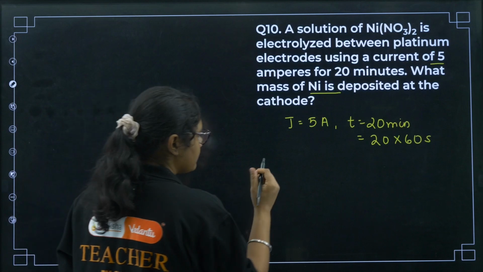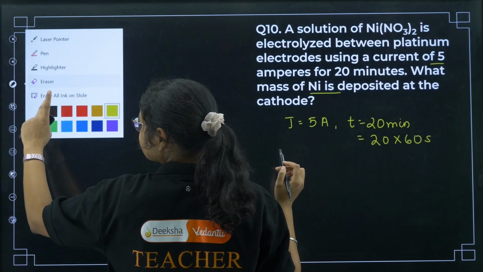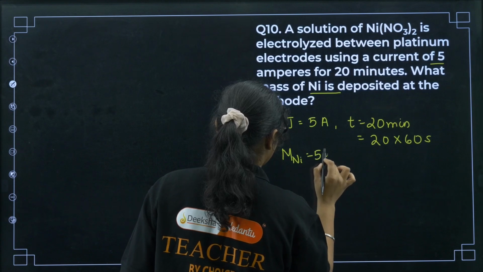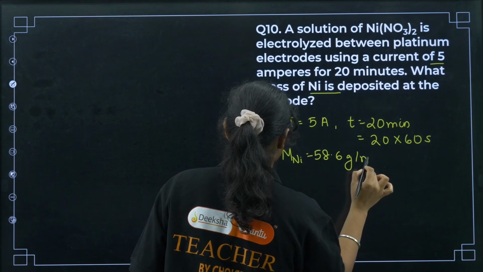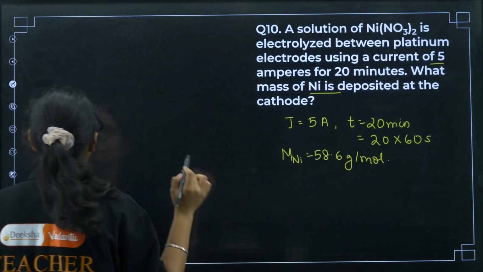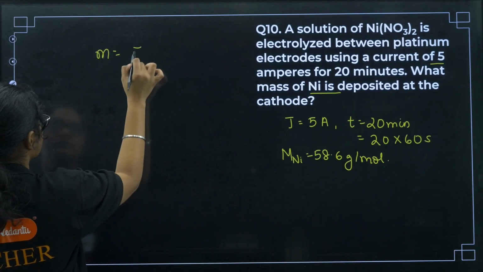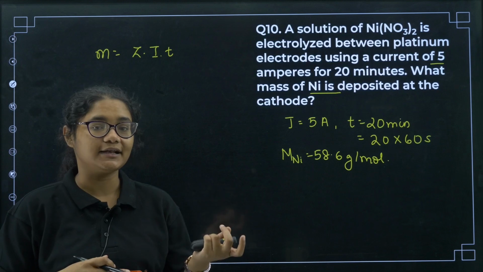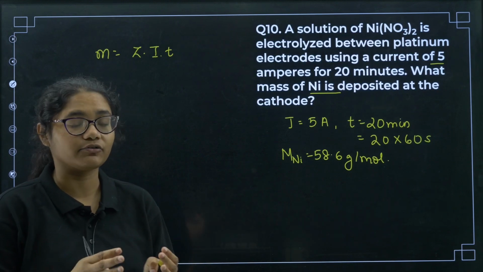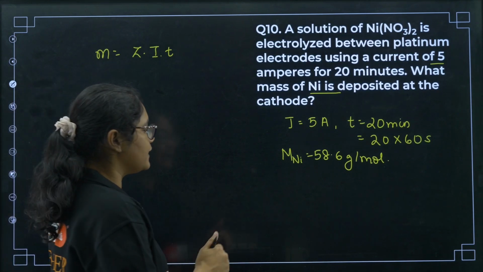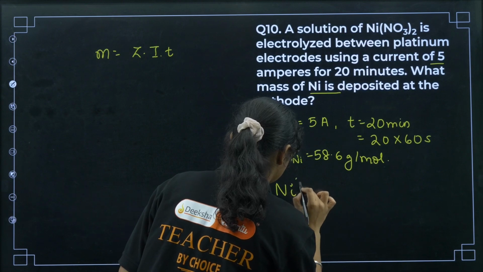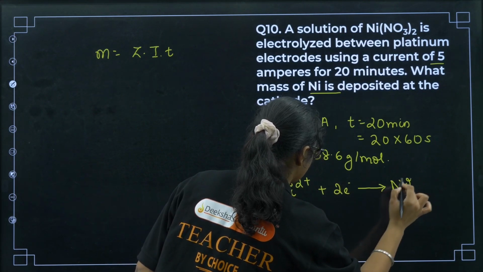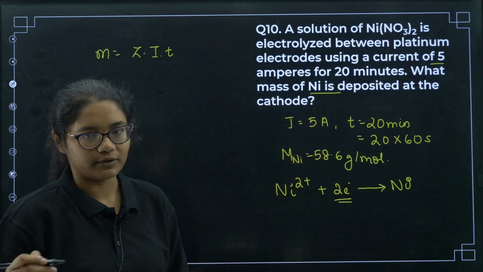So the molar mass of nickel is 58.6 gram per mole. Now we can calculate, M is equal to Z into I into T. Z here is the equivalent mass or electrochemical equivalent. Nickel is deposited like this: Ni2+ plus 2 electrons gives you nickel. So the n value is 2.